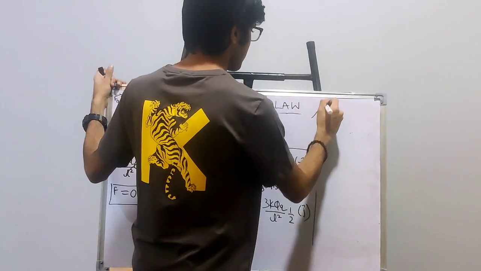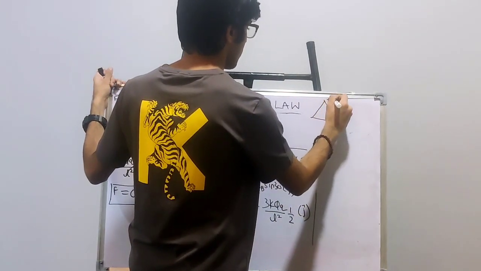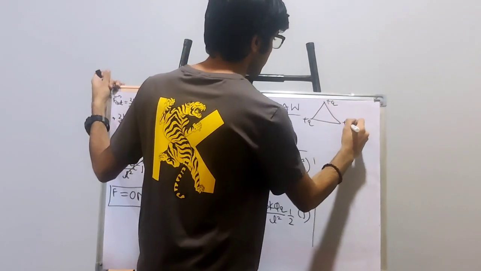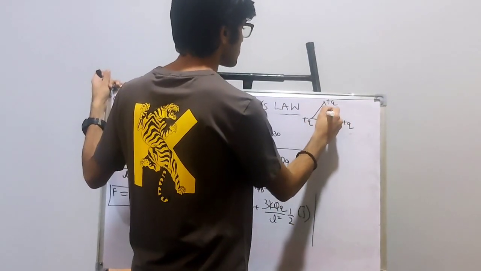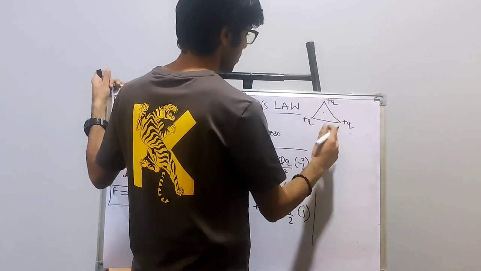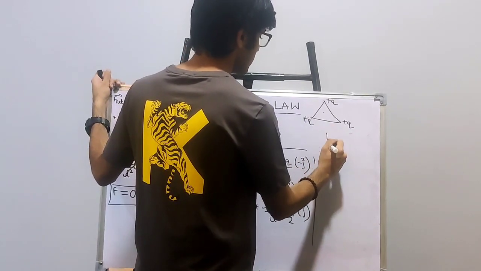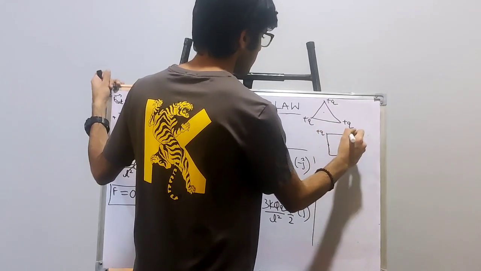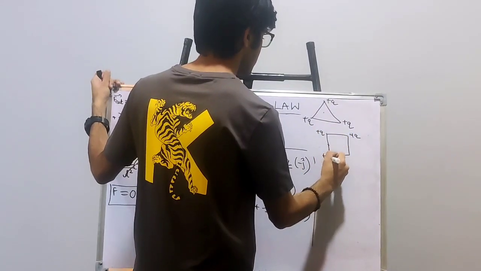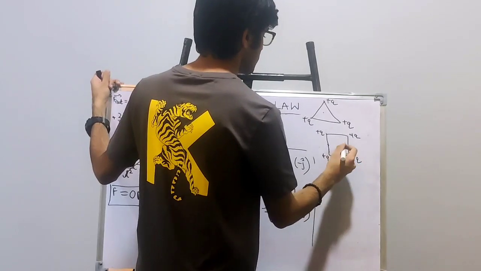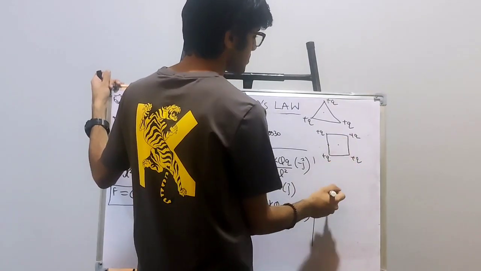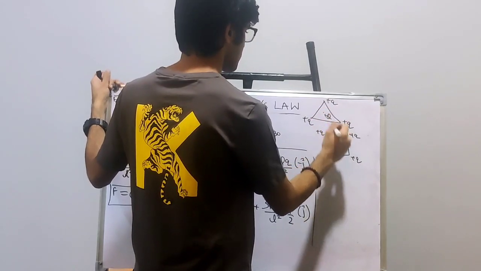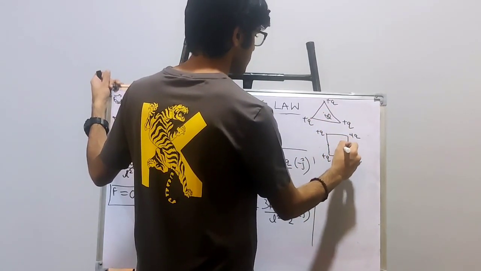We had a triangle and all charges were of the same nature and equal in magnitude. When this is the situation, the force on the centroid would always be 0. Similarly, we can take another shape, let's say a square, with plus Q at each corner. The force at the center would always remain 0.